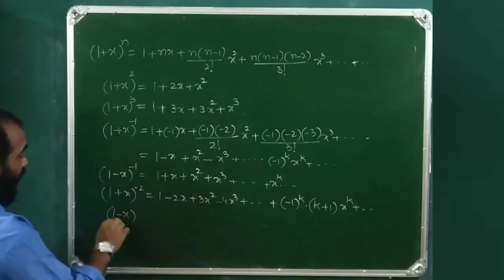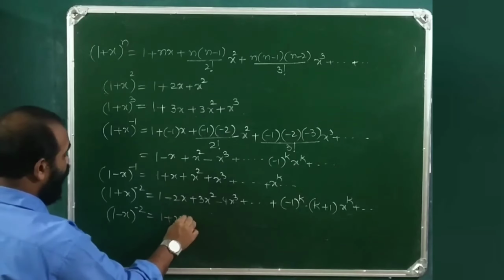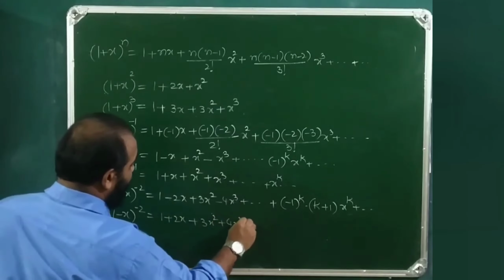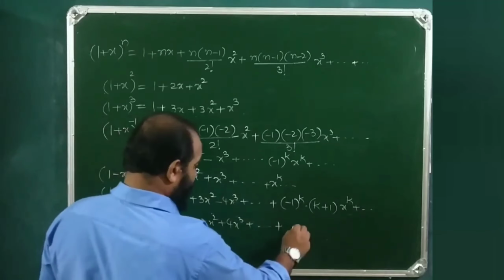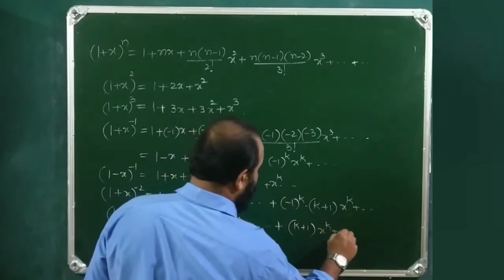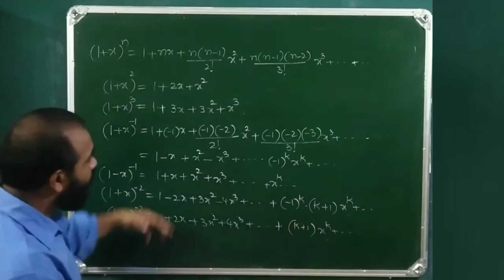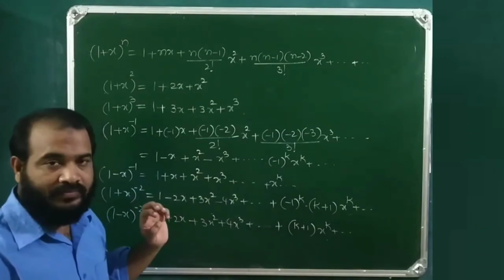And (1 - x)^-2 will be 1 + 2x + 3x^2 + 4x^3 plus etc., plus (k + 1) x^k and so on. This is the kth term. So these are the power series expansions.